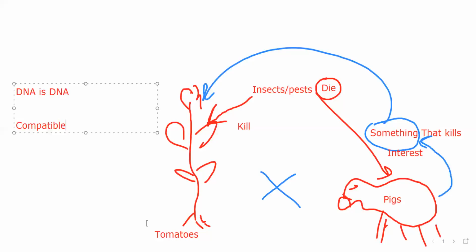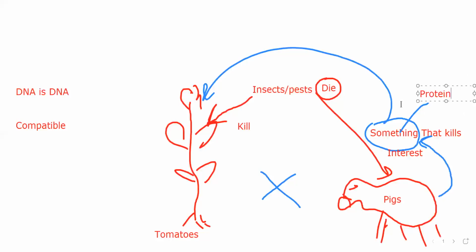Therefore, this is where genetic engineering comes in. Thanks to genetic engineering, plants and pigs, of different species, cannot interbreed, but what can we do? When I say this pig produces something, that something is most probably a protein. Yes, that something is a protein.